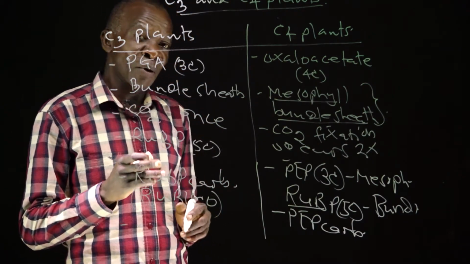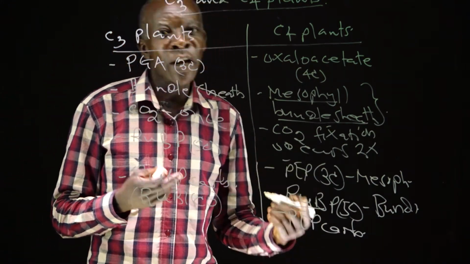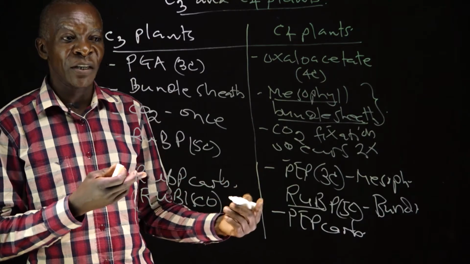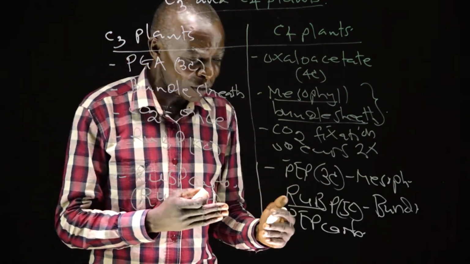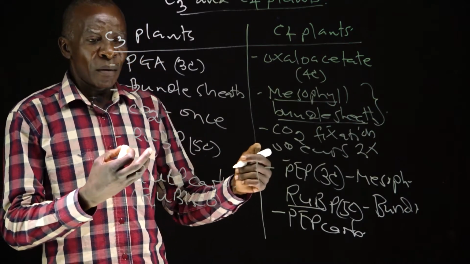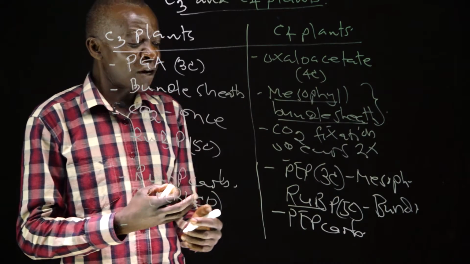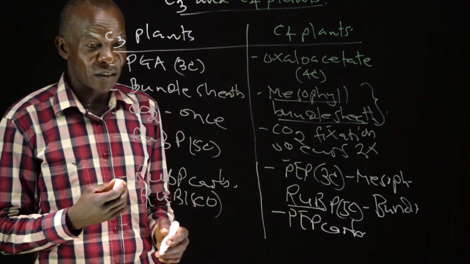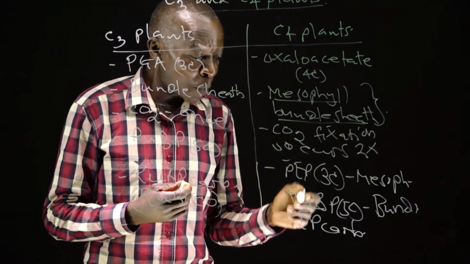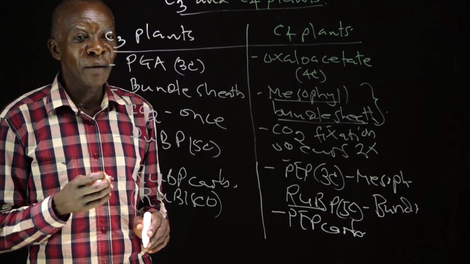This enzyme ribulose biphosphate carboxylase, if compared to phosphoenolpyruvic acid carboxylase, as far as the power to fix carbon dioxide is concerned, phosphoenolpyruvic acid carboxylase is more powerful in fixing carbon dioxide than ribulose biphosphate carboxylase.